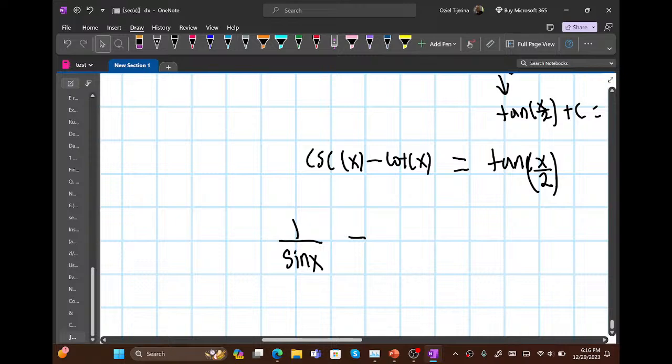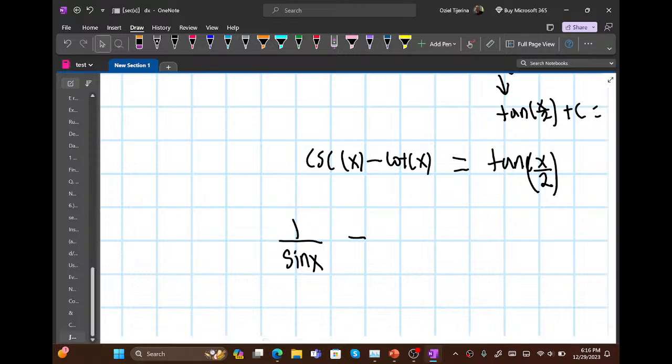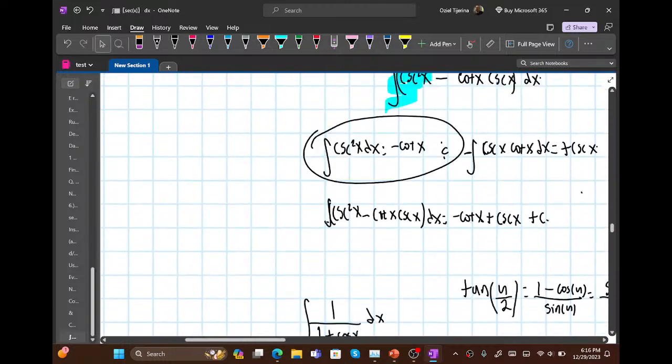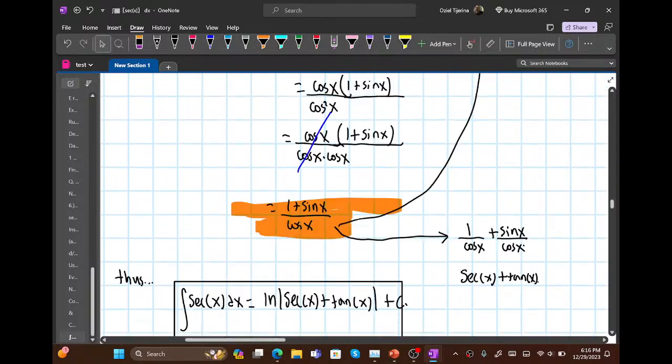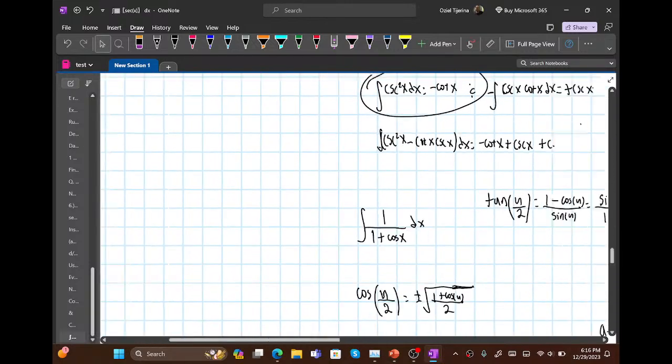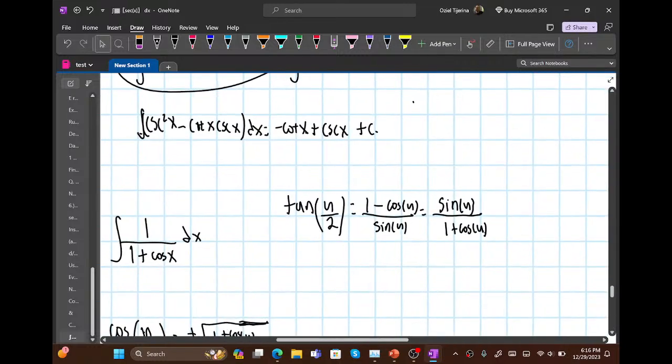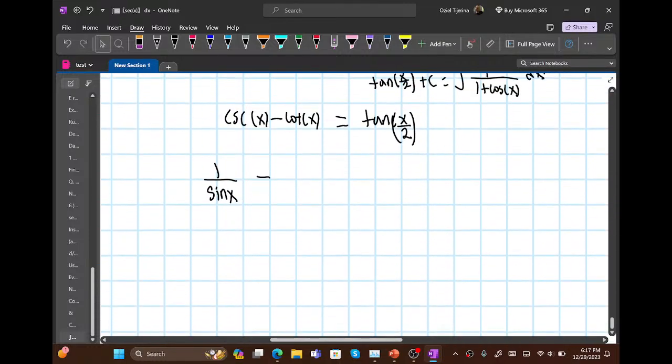Oh my god. Okay. I'm gonna try to turn everything. Actually, I don't even know if I can do that. No. That's why you have to be careful with the signs. Where in the hell did I put sine of u over 1 plus cosine u?